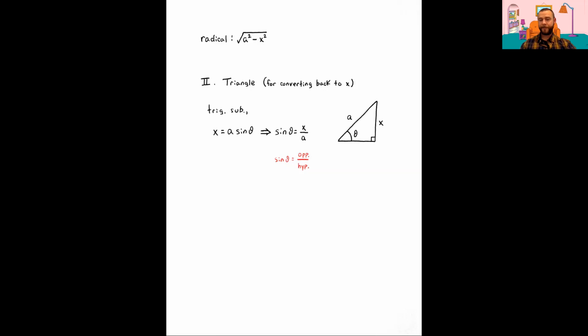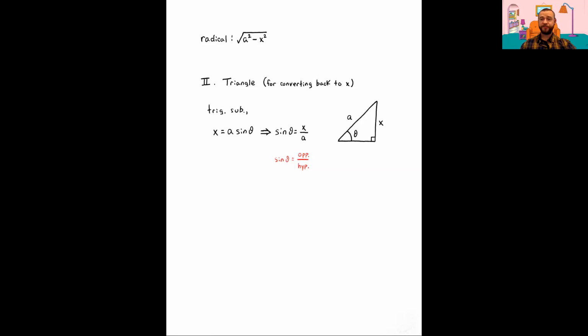So we draw our basic right triangle, put the angle theta usually in the lower left angle there, and then we label our sides accordingly. Relative to that angle theta, the opposite side is of side length x, and the hypotenuse is of side length a. Now there's a third side missing here.